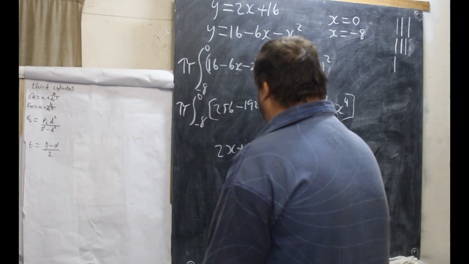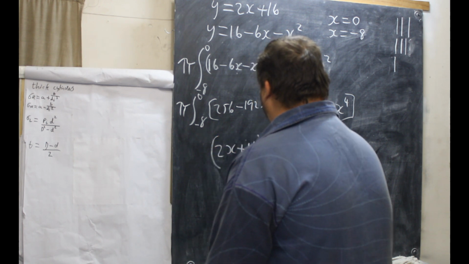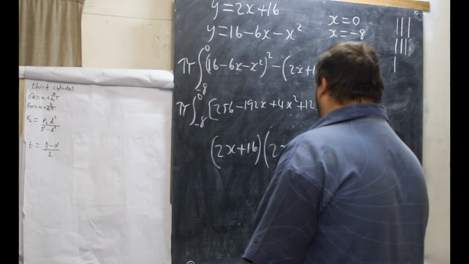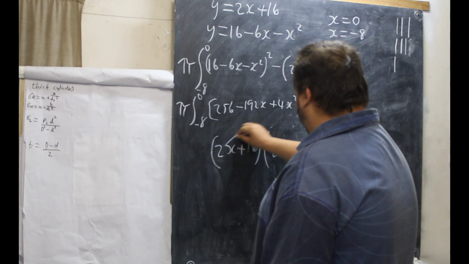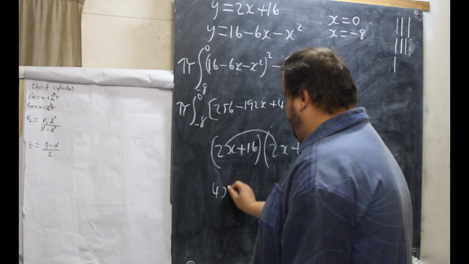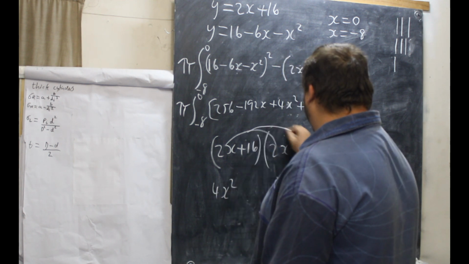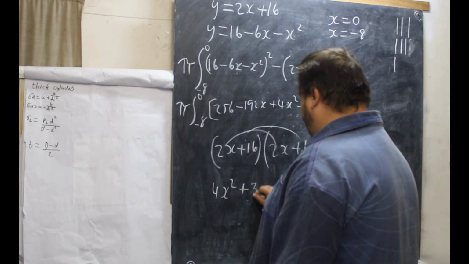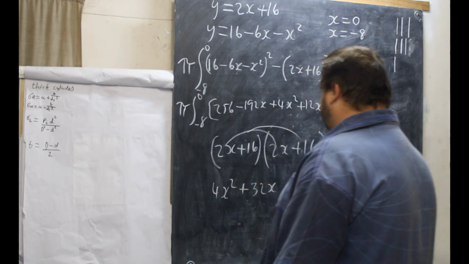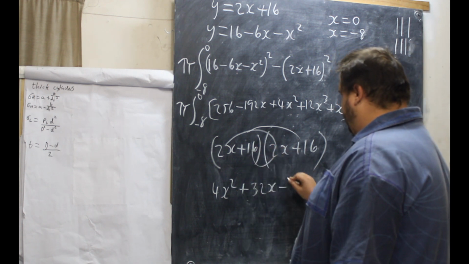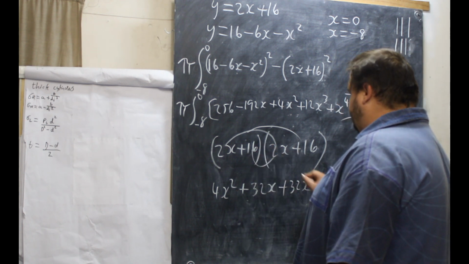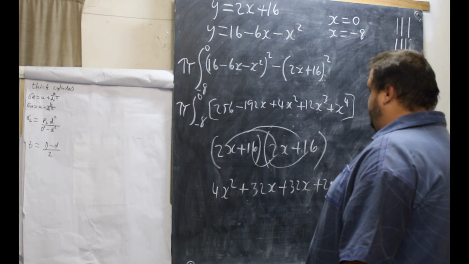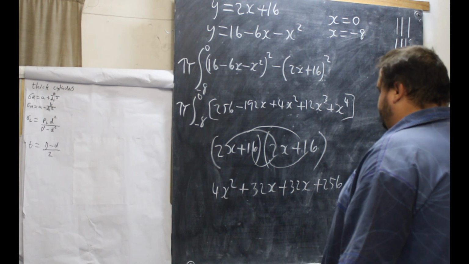2x plus 16, 2x plus 16. So, 2x times 2x is 4x squared, plus 32x, plus 32x, plus 256.